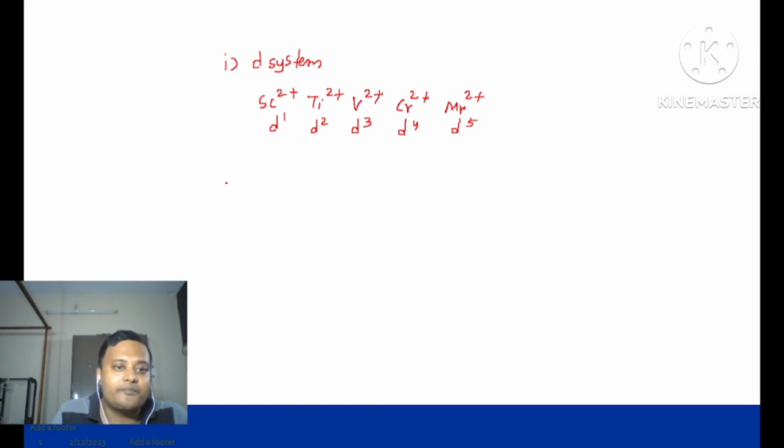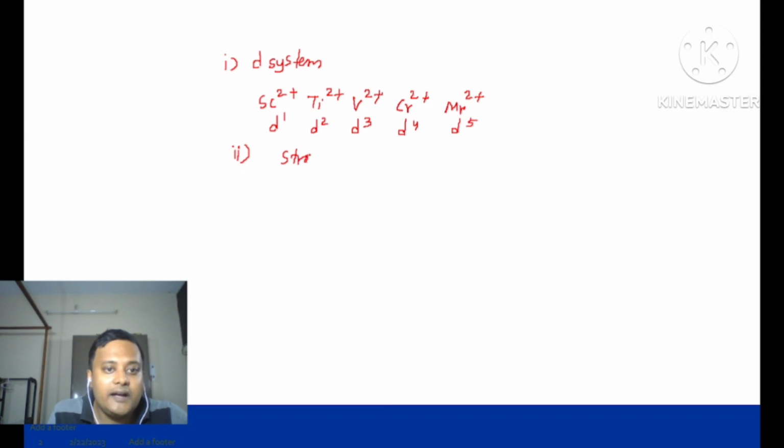First point done. Second point, the strength of the ligand. Because in the presence of a strong ligand, electrons are in paired-up condition, and it will show a low spin complex.